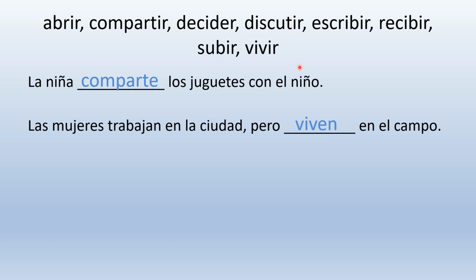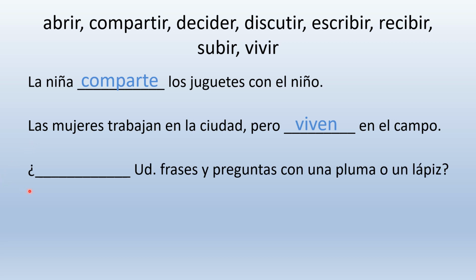Viven, so we took vivir, we took our stem, viv, and added en because las mujeres are ellas, they, viven en el campo, in the countryside. So let's read that again. Las mujeres trabajan en la ciudad, pero viven en el campo. The women work in the city, but live in the countryside.